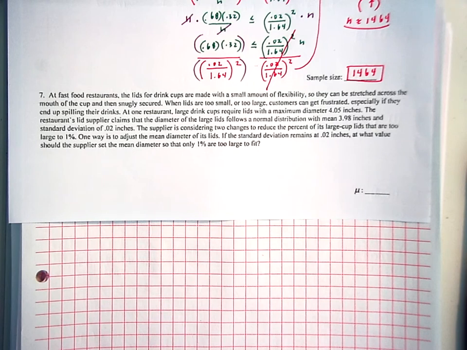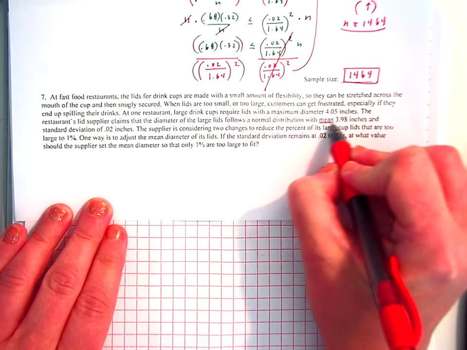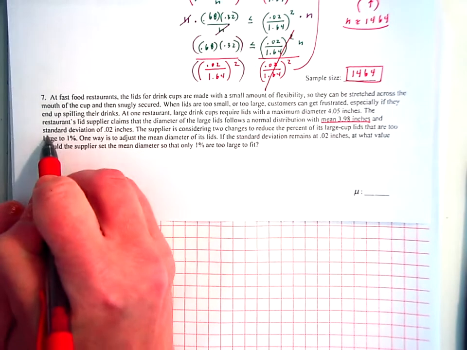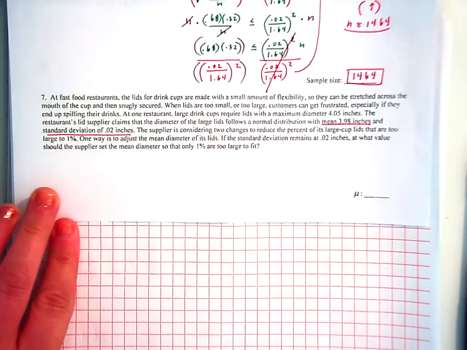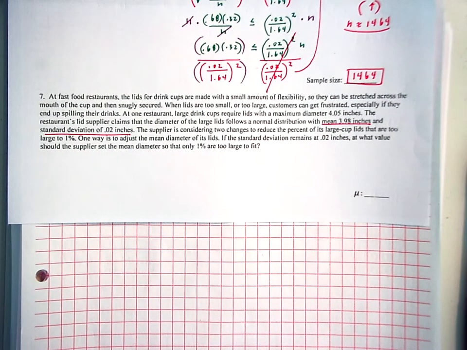At one restaurant, large drink cups require lids with a maximum diameter of 4.05 inches. The restaurant's lid supplier claims that the diameter of the large lids follows a normal distribution with a mean of 3.98 inches, let me underline that, and a standard deviation of 0.02 inches.